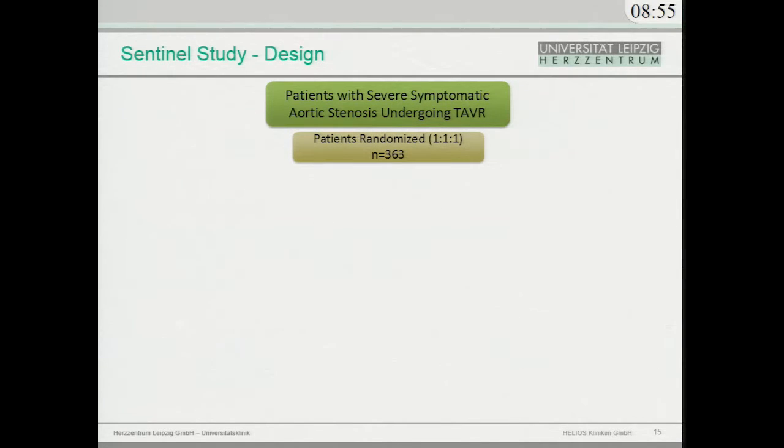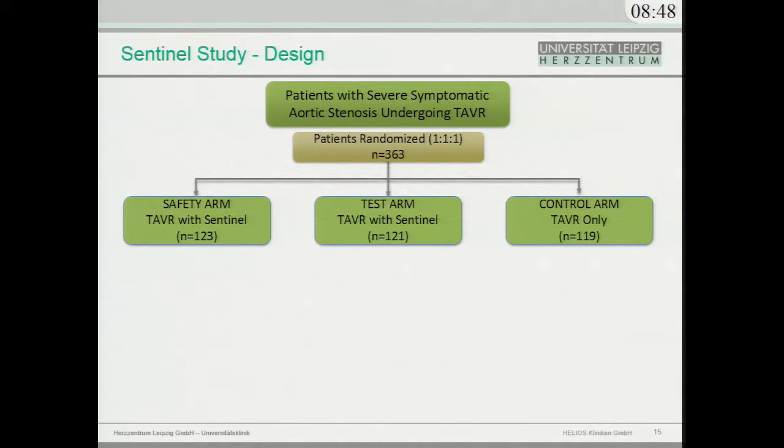And this is the Sentinel study design. Again, patients with symptomatic aortic stenosis were recruited for this study, and the patients were randomized into 3 arms. There was a safety arm where we only looked at the safety questions. We did not do any imaging studies in these patients.